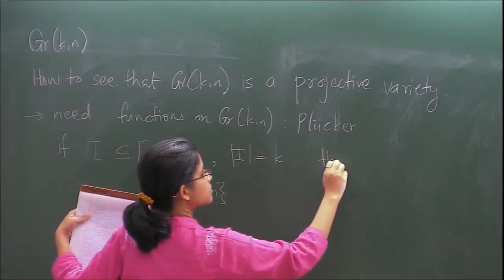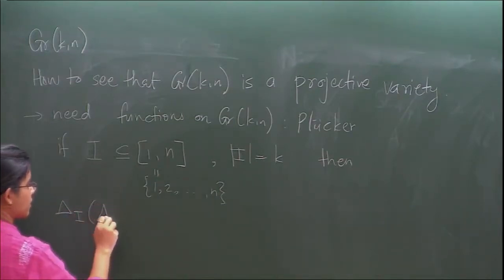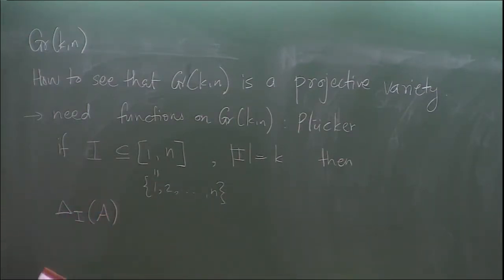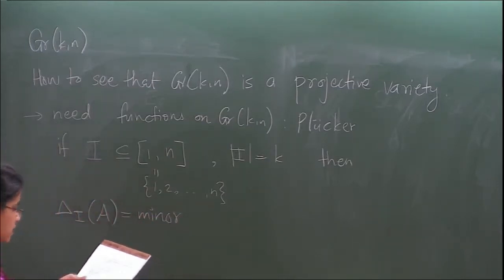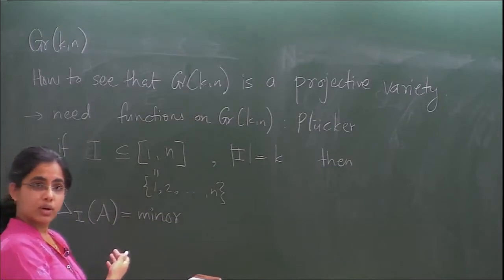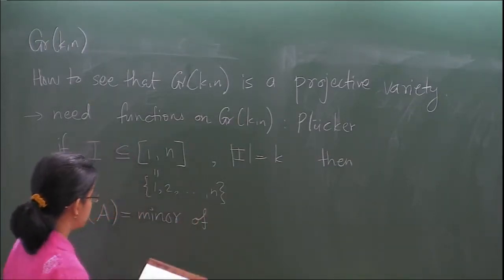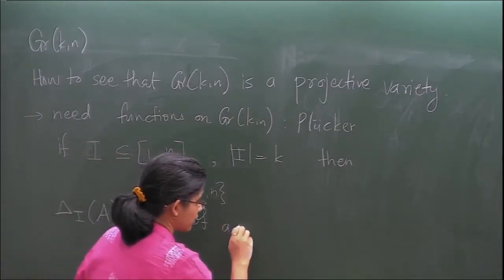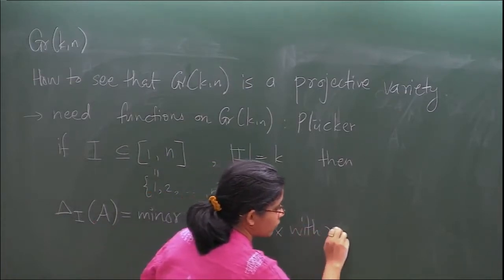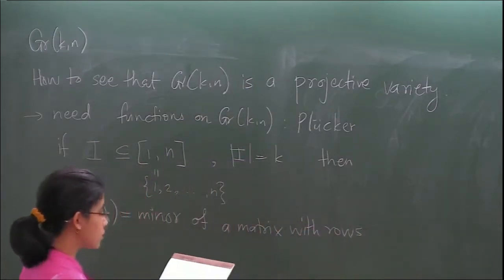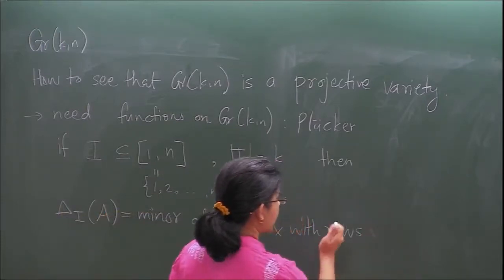Then delta I of a matrix is similar to what delta ij was earlier: the minor of the matrix with rows I, the k rows of I.